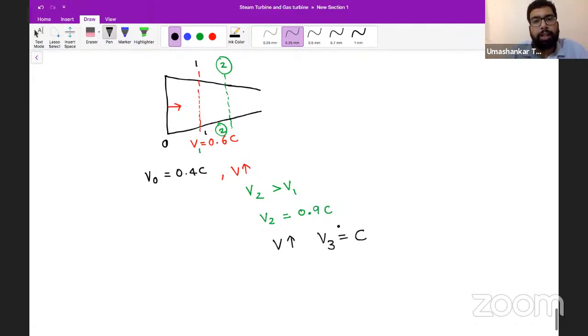Let us call this point 3. Somewhere here we have reached point 3, and the sonic conditions have been reached.